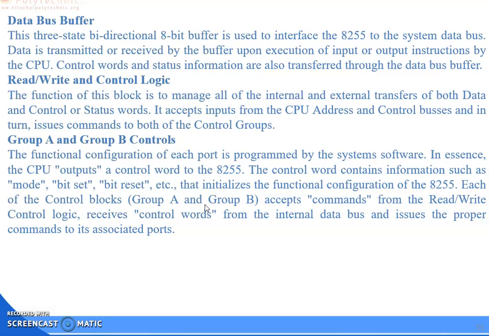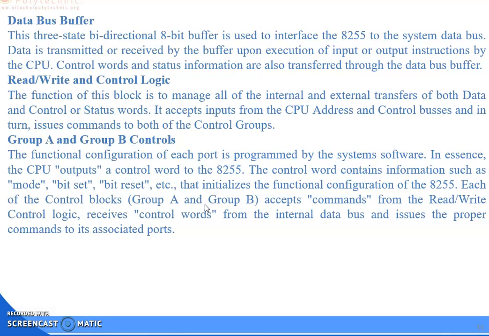Data is transmitted or received by the buffer upon execution of input or output instructions by the CPU. Control words and status information are also transferred through the data bus buffer.